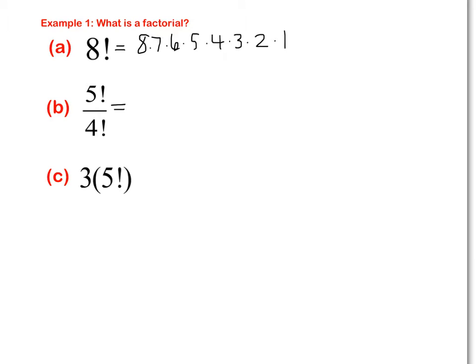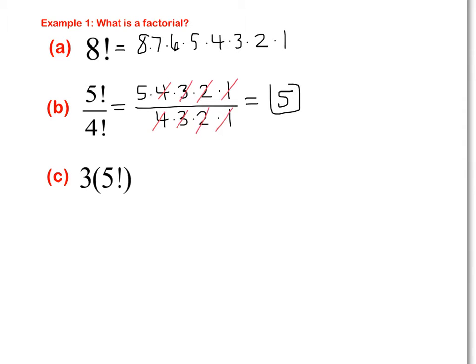You just want to think about what you would actually end up with. So 5 factorial would be 5 times 4 times 3 times 2 times 1, and 4 factorial is 4 times 3 times 2 times 1. In that case, 4 divided by 4 is 1, 3 divided by 3 is 1, 2 divided by 2 is 1, and 1 divided by 1 is 1. So the answer to 5 factorial divided by 4 factorial would just be 5.